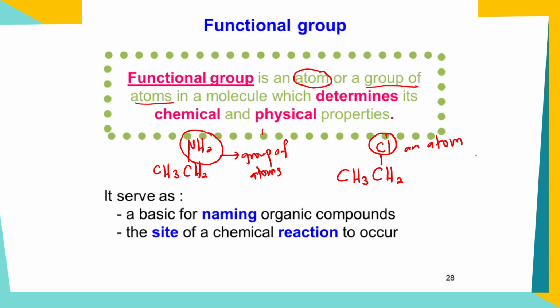So the appearance of an atom or a group of atoms will give chemical and physical properties to the organic compound. The functional group usually gives the naming of the organic compound, and it is also the site for the chemical reaction. Okay, so tindak balas kimia tu akan berlaku dekat situ. And one molecule can have more than one functional group, it is not necessarily only one.